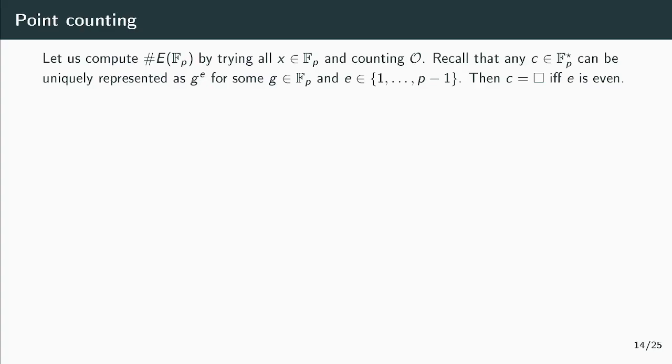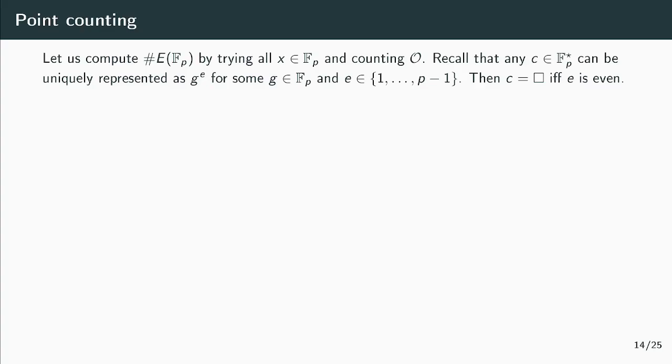This means that there is some generator g such that any non-zero element of Fp can be represented as a power of g. When you limit the exponent to the set 1, 2, up to p minus 1, this representation becomes unique. Then we can say that a non-zero element of Fp is a square in Fp if and only if the exponent of this representation is even.